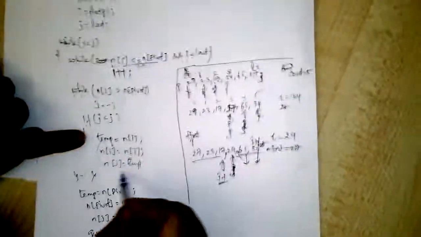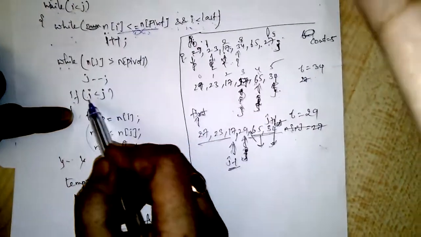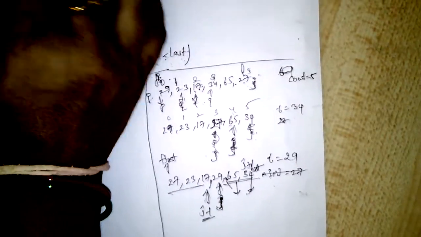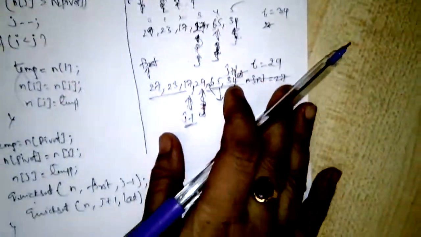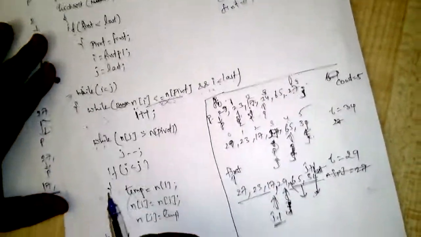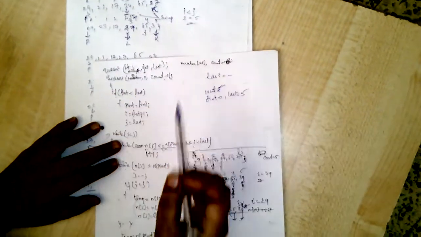Now here we are swapping the n of i value with the n of j value like this. Now the list is like this. Again control goes here, and you check while i is less than j. i is 3 and j is 5, the condition is true.